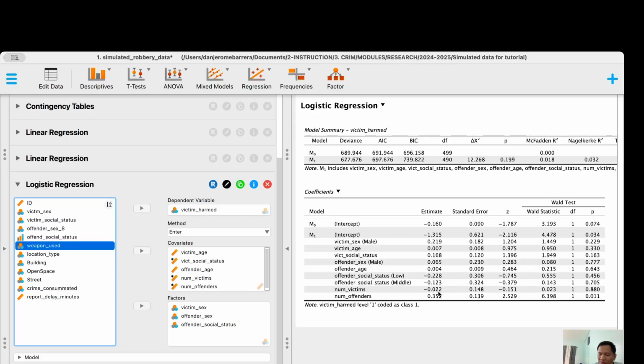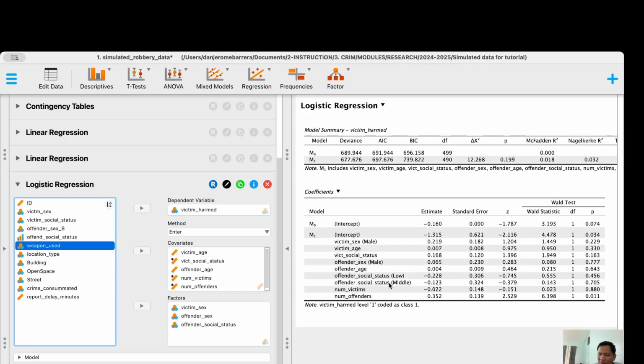Here, the relationship is positive, 0.352, which means that if the number of offenders increases, it is more likely that the victim is harmed. It is logical because if there are more offenders, the victim is likely to be harmed. So that's the interpretation of the positive relationship.